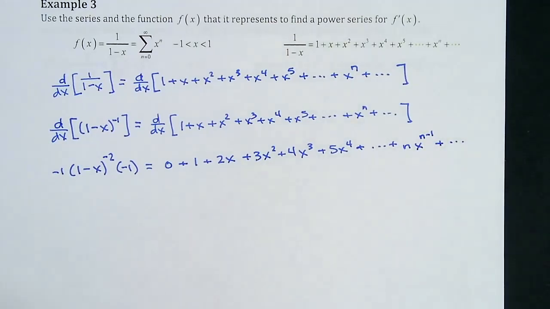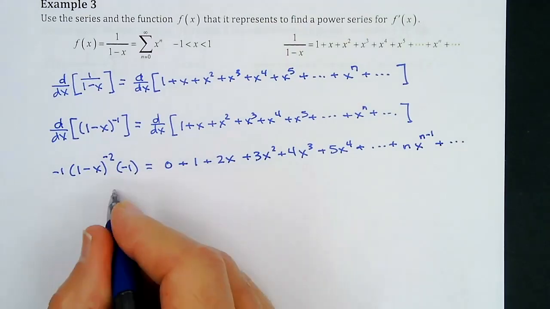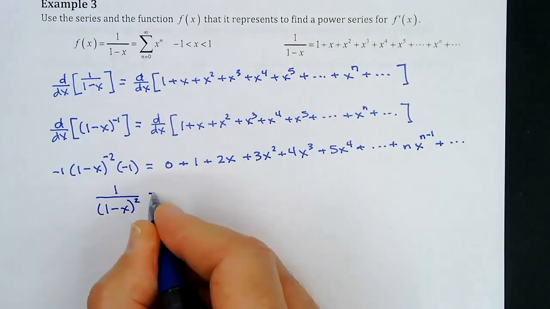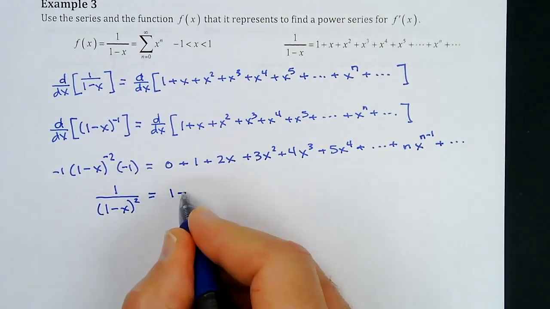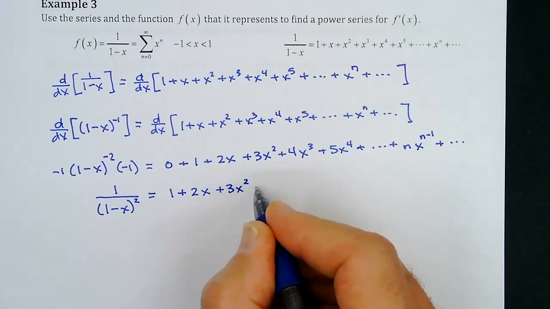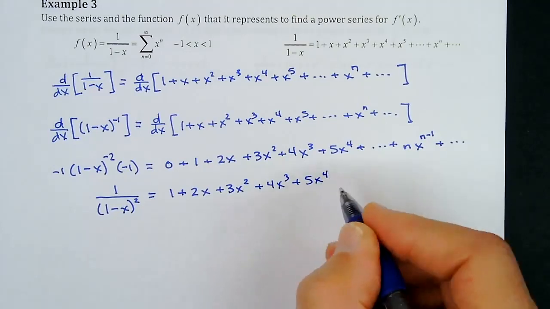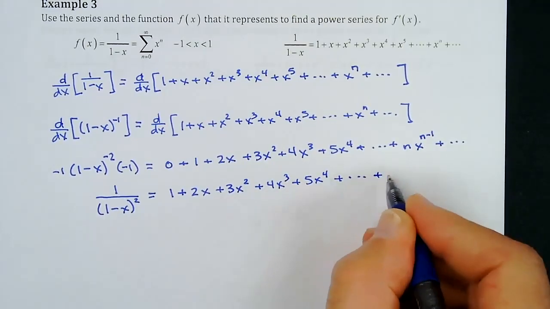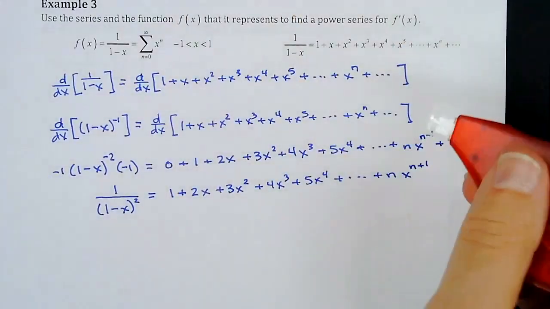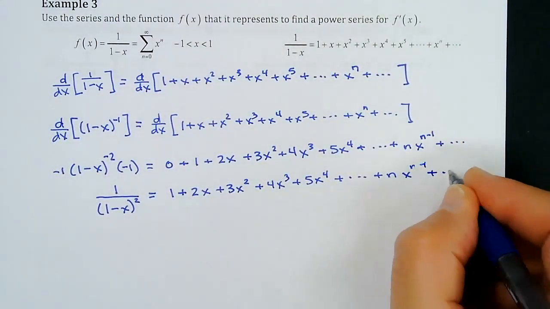Rewriting this, -1 times -1 would be +1, so this becomes 1 over 1 minus x squared. And we know this is equal to 1 plus 2x plus 3x squared plus 4x cubed plus 5x to the 4th plus dot, dot, dot, plus n times x to the n minus 1 power, and then plus dot, dot, dot.